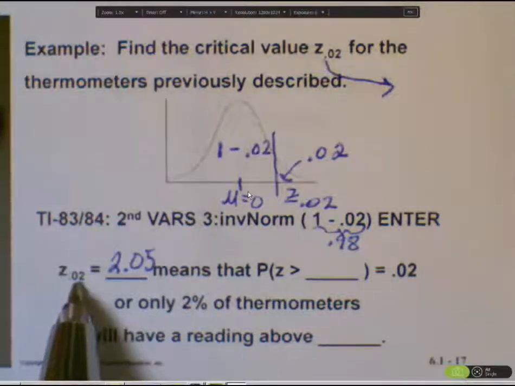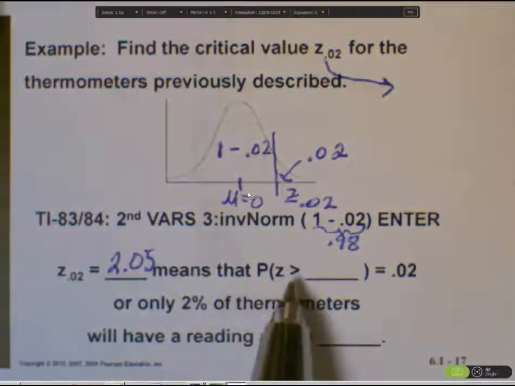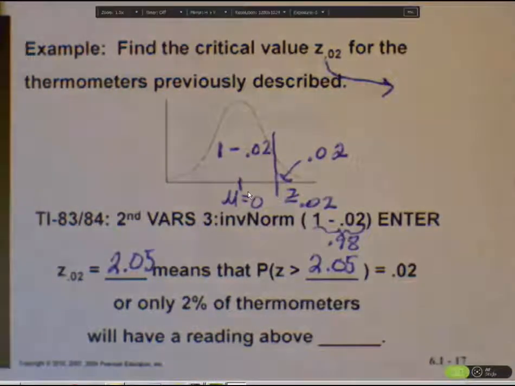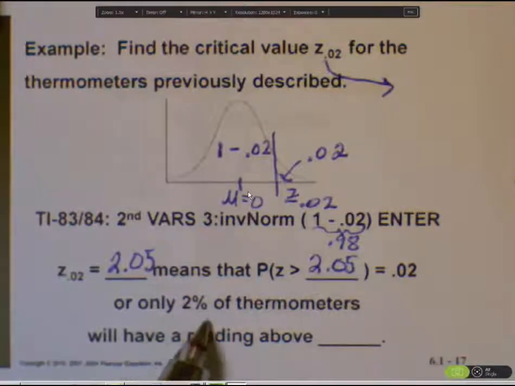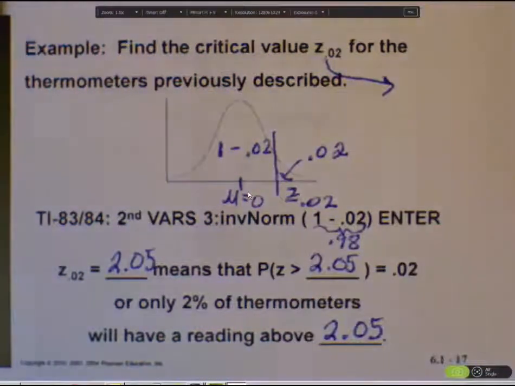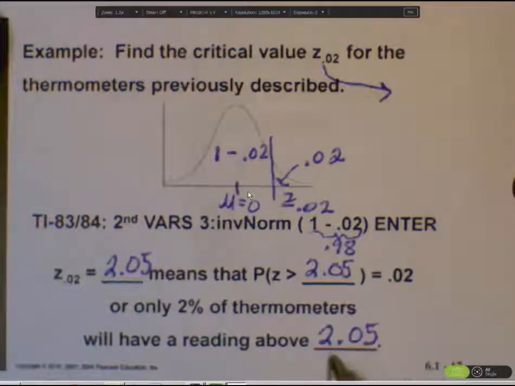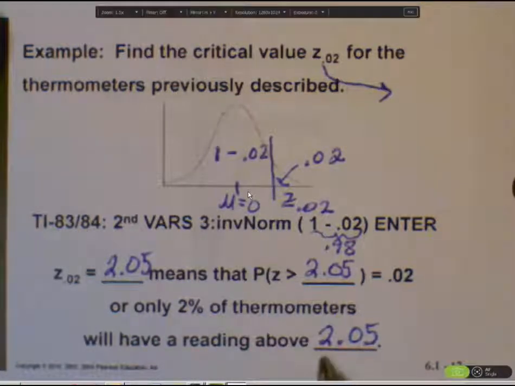Z sub 0.02 equals 2.05 means that the probability of a thermometer reading more than 2.05 is only 0.02, or only 2% of the thermometers will have readings above 2.05. It wouldn't be a very accurate thermometer if it was more than 2 degrees off. It's supposed to read 0 at freezing point. If it's reading 2.05, it's more than 2 degrees off, and only 2% of the thermometers would have readings above that.